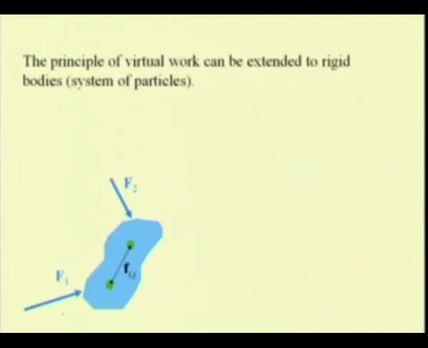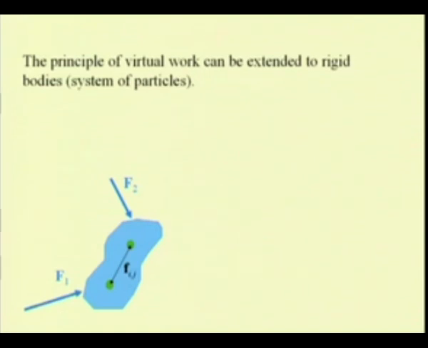Now, let us extend this discussion for a system of particles or to rigid bodies. So, a rigid body is a system of particle where the relative distance between two particles does not change under the action of the forces.